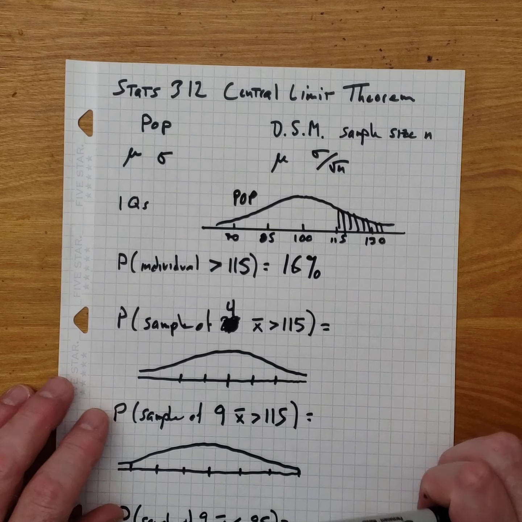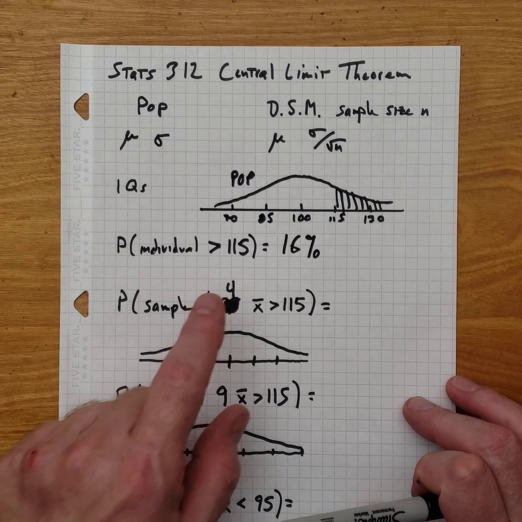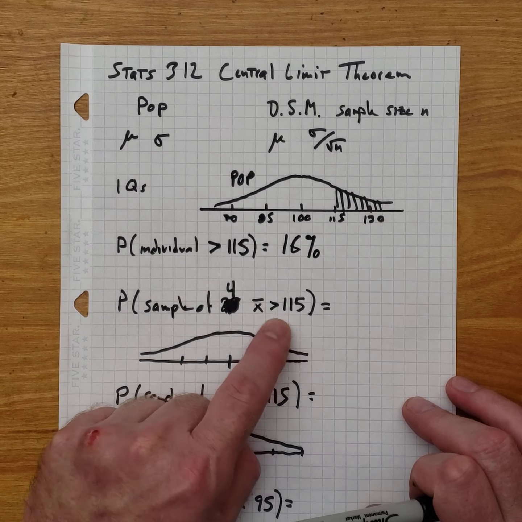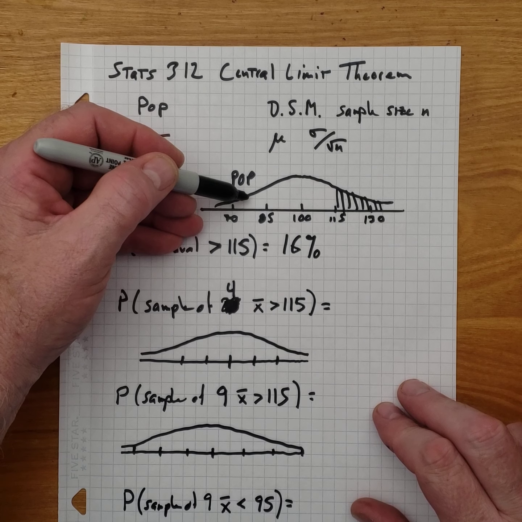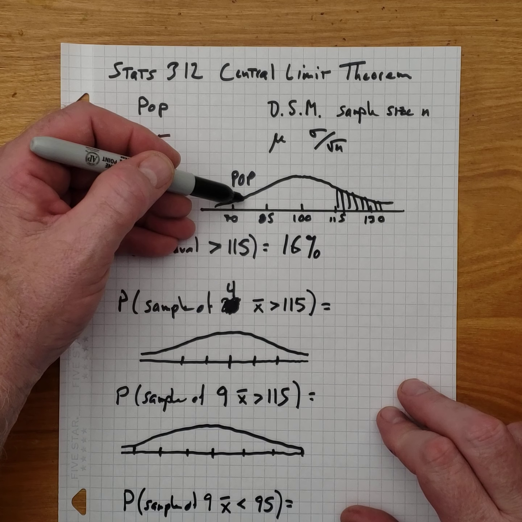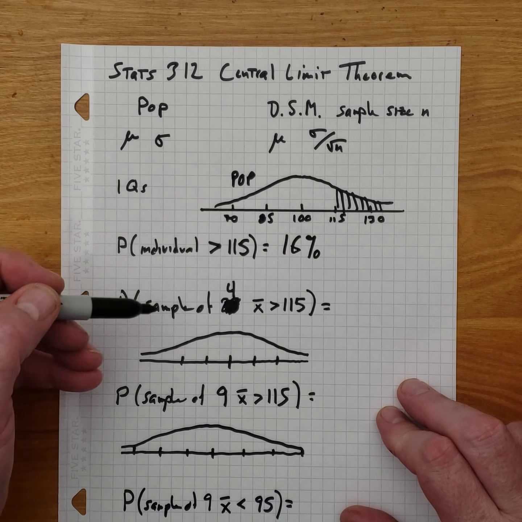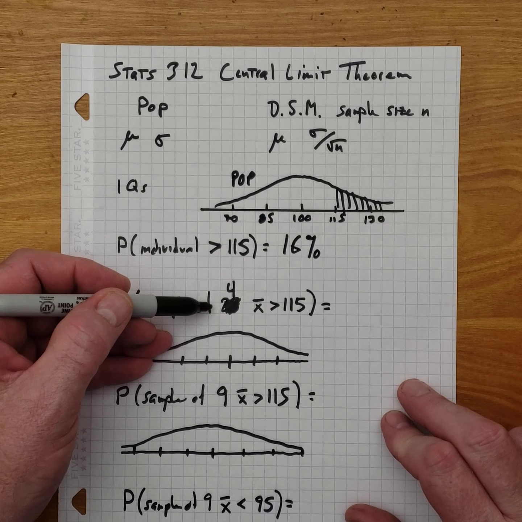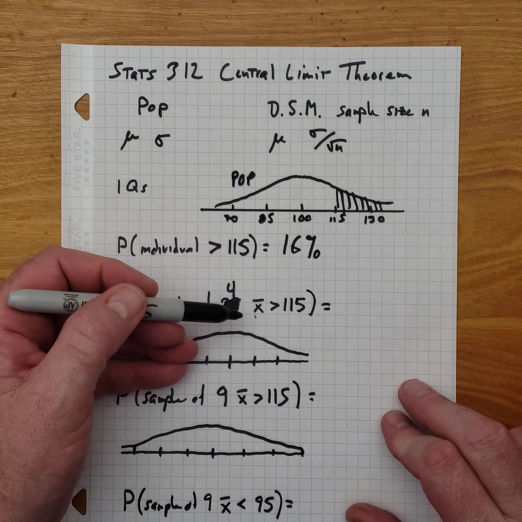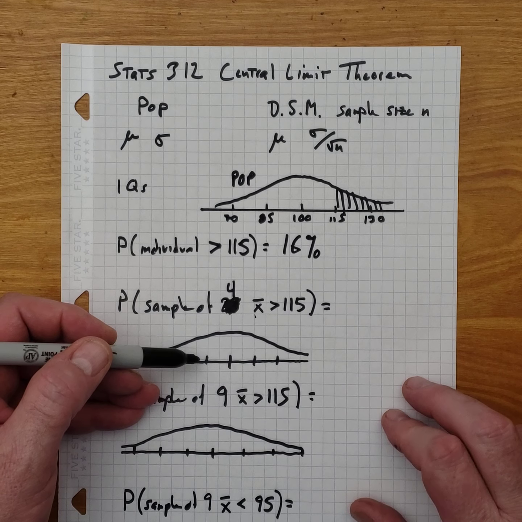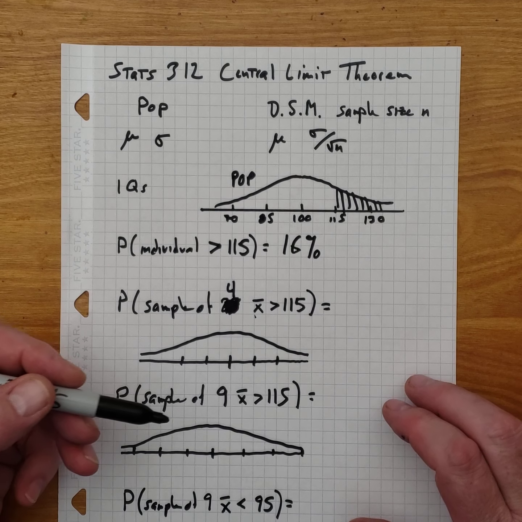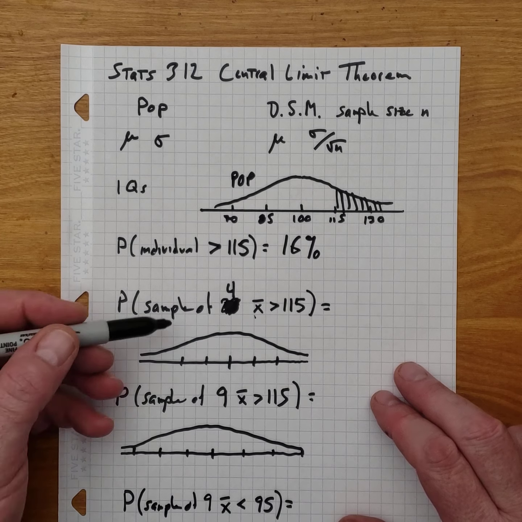Now, what if we grab a random sample of 4 people out of this same population? Now we're not talking about this population here. This is a population of individuals. If we're talking about a sample of 4 people and we want to know the probability that the average for that sample is above 115, we're talking about the distribution of sample means of size 4.